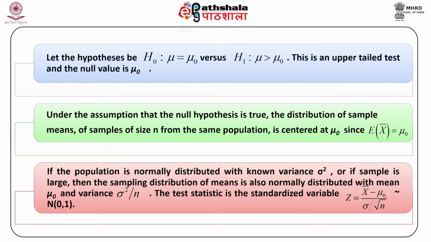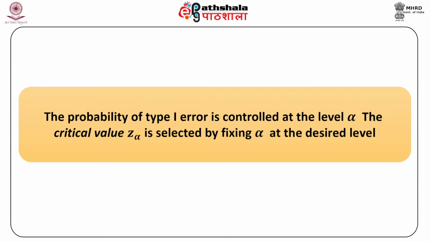The test statistic in that case is the standardized variable z, equal to x bar minus mu 0 upon sigma by root n, and is distributed normally with mean 0 and variance 1. The probability of type 1 error is controlled at the level alpha. The critical value z alpha is selected by fixing alpha at the desired level.